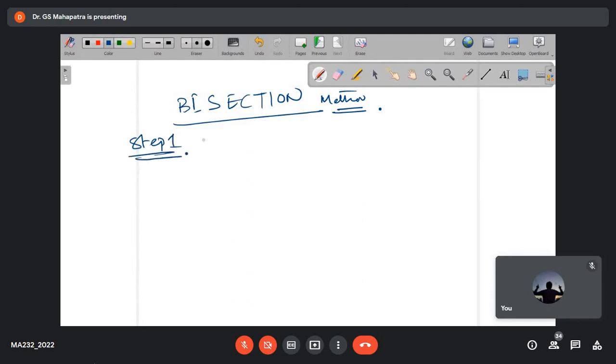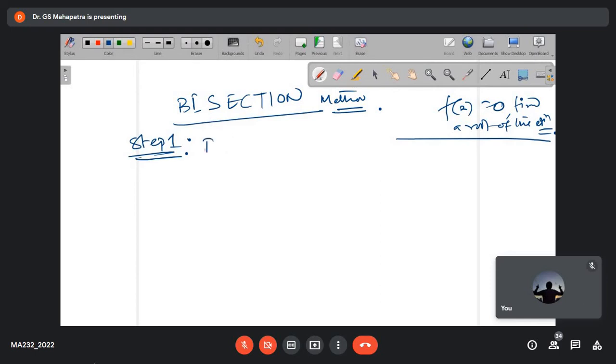Step 1. First it is given that f of x equals to 0. You have to find a root of the equation. This is already defined, correct? Now this is the question, and now step 1. What is step 1?